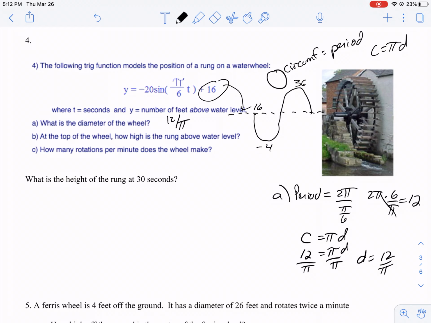Alright, so at the top of the wheel, how high is it above water level? It is 36. What are we labeling here? Feet. Okay, 36 feet. How many rotations per minute does the wheel make?